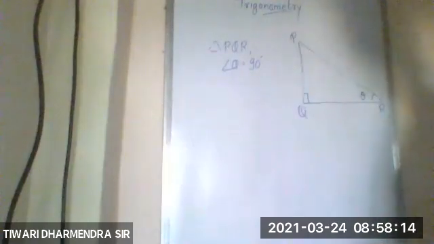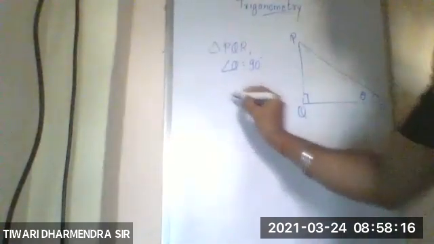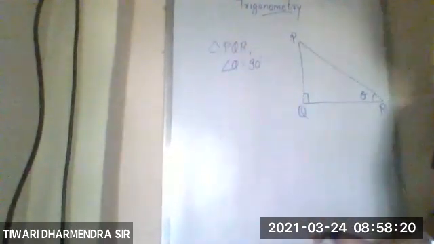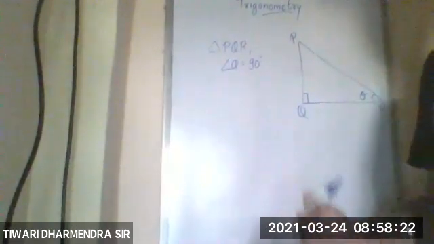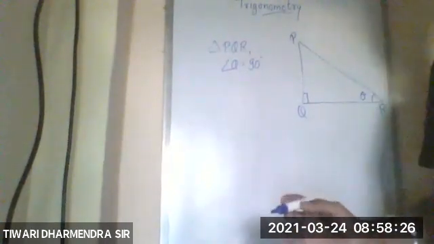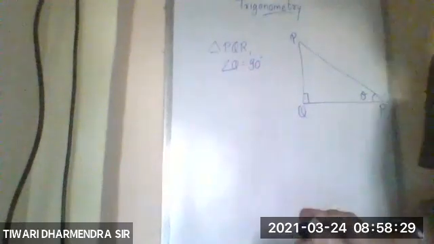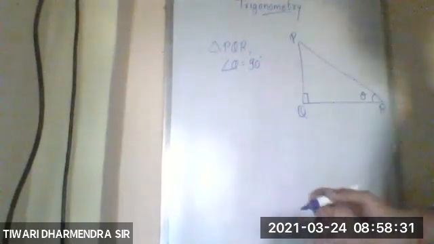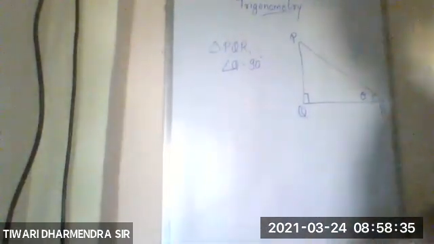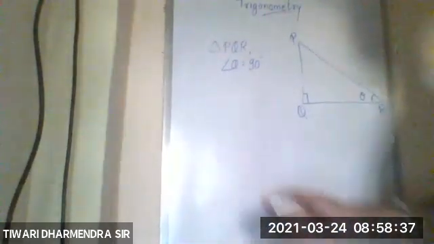If I ask you to find sine theta, as we are very much thorough with, in our last three sessions we did sine, tan, cos. So till now, we are very much thorough with the formulas of the sine ratio, cos ratio, and tan ratio, or you can say sine function, cos function, and tan function.